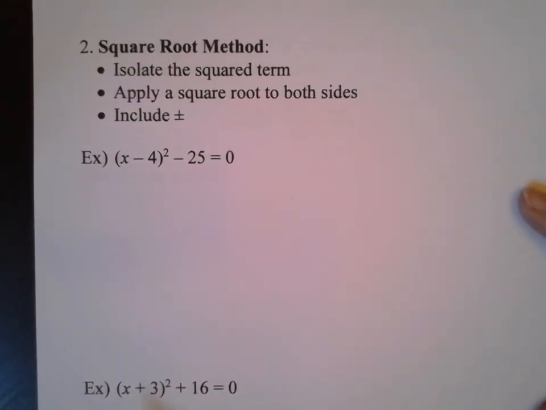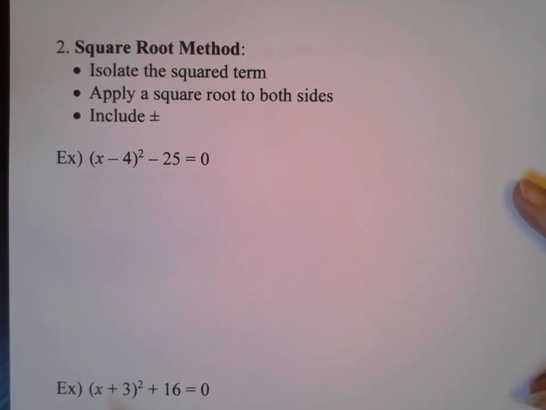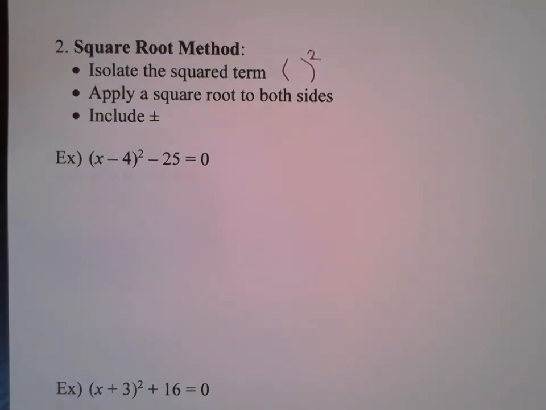Let's move on to the next one, which is the square root method. So the steps for accomplishing the square root method, we're going to isolate the squared term. And for these two examples here, that is the parentheses squared. If there aren't any parentheses, maybe you just have an x squared and you want to isolate that or get it by itself.